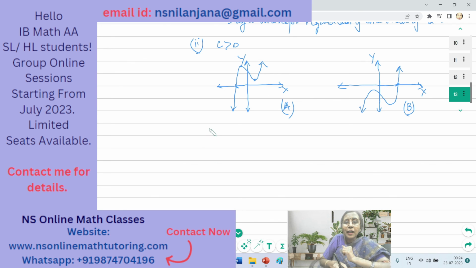So for condition A, y min is greater than 0. Here, y min is greater than 0, therefore y max has to be greater than 0. And what was the expression for y min?